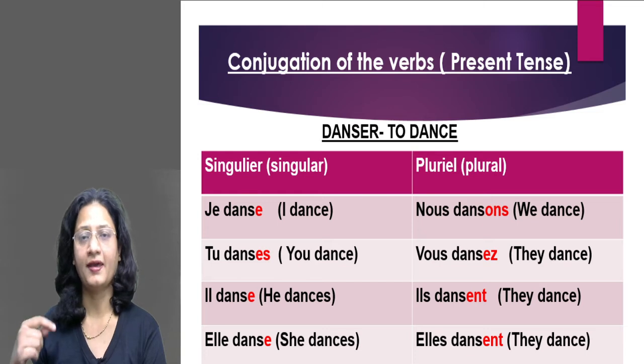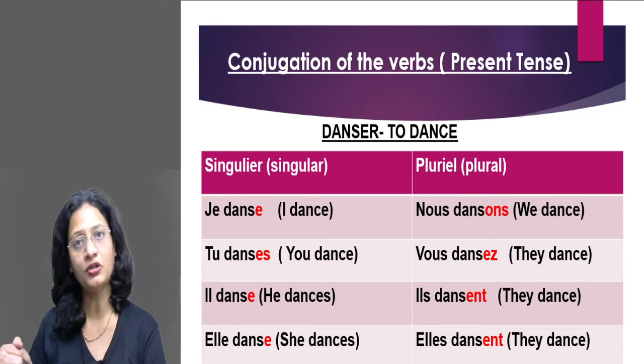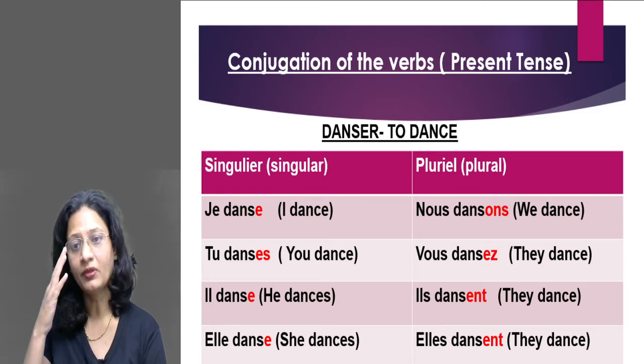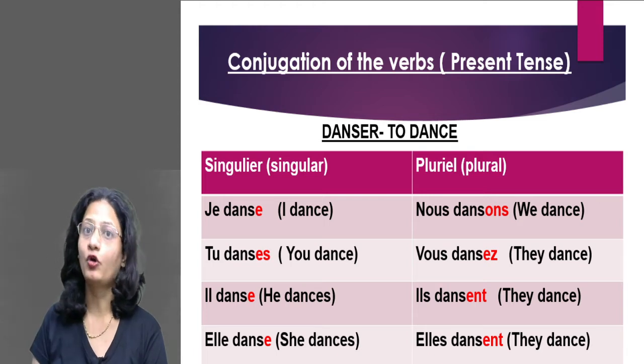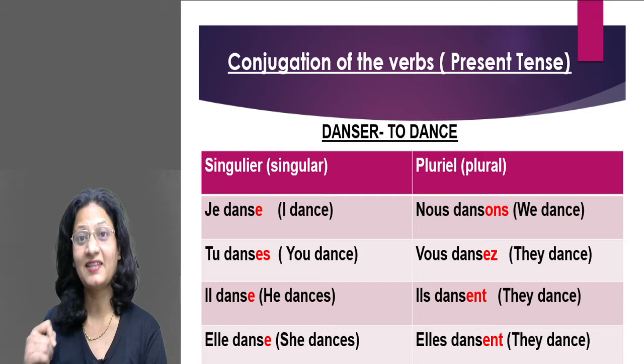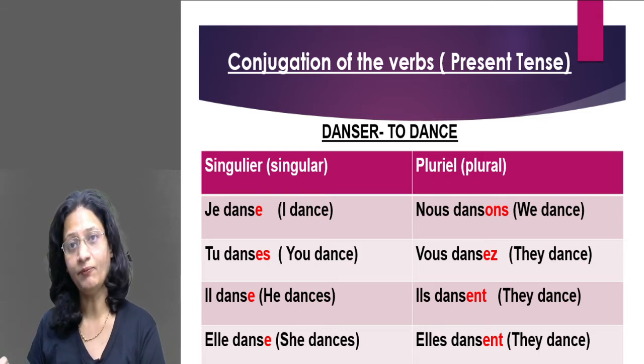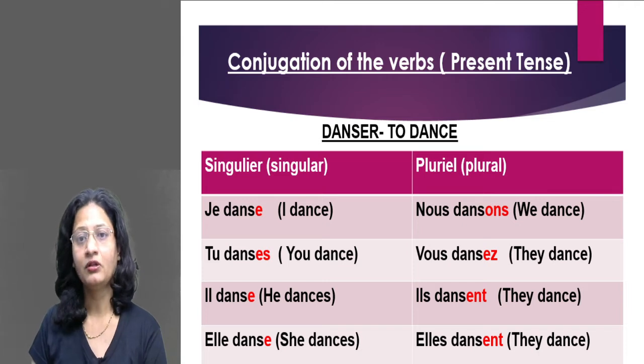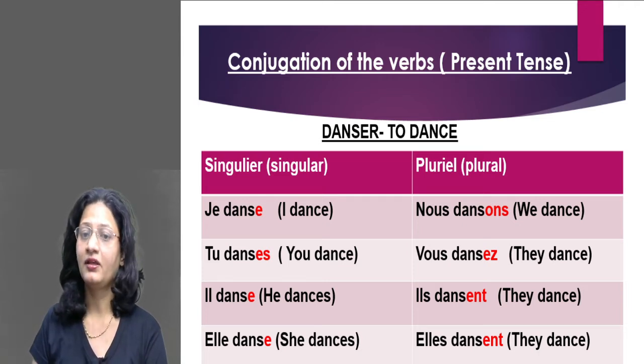E for il, elle, so il danse, elle danse. ONS for nous, so nous dansons. EZ for vous, vous dansez. ENT for ils, elles plural, ils dansent, elles dansent. Repeat.